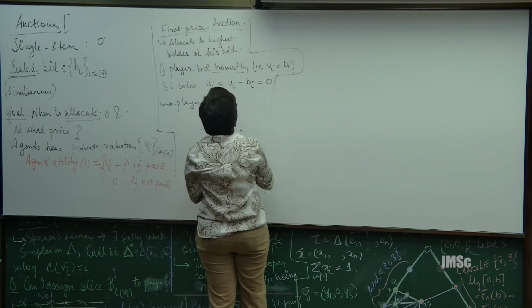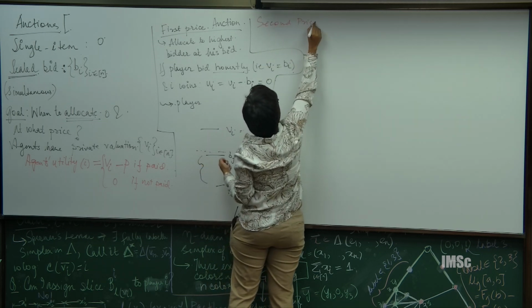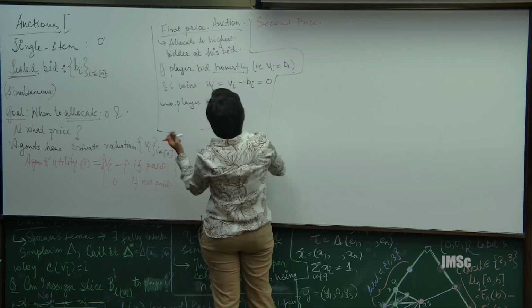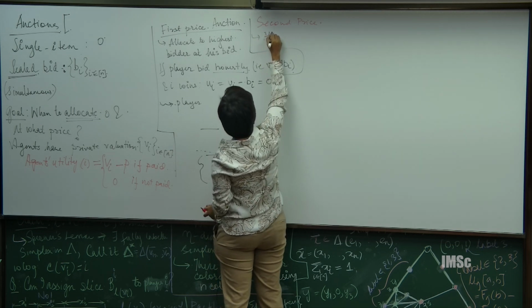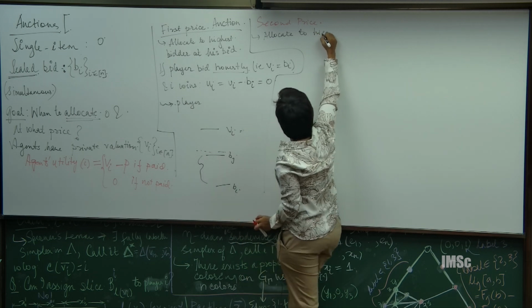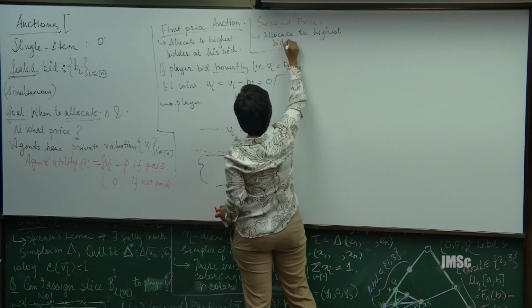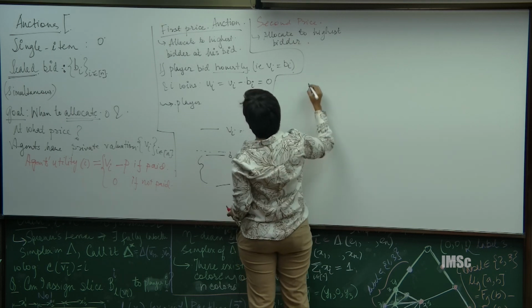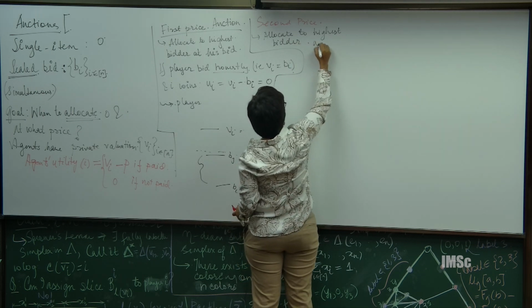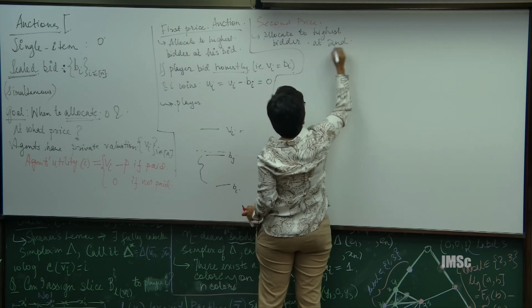Okay. Again allocate to highest bidder. Okay. But at price at second highest bid price.